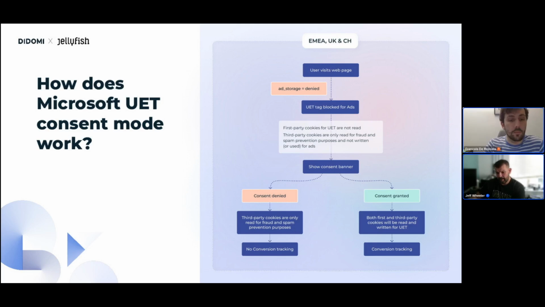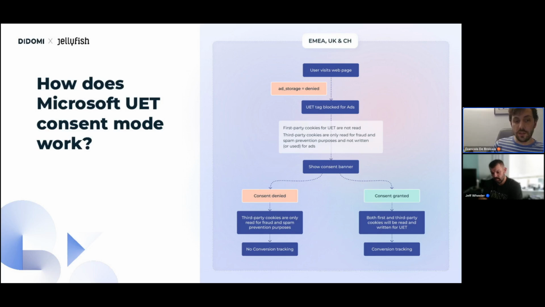Yeah, maybe one thing that we can flag here is that, as you mentioned, there is only one purpose with the Microsoft version of consent mode, where in Google you had several. The purpose is called ad storage, and there is a purpose called ad storage within the Google framework. That doesn't mean that these are necessarily the same purpose.